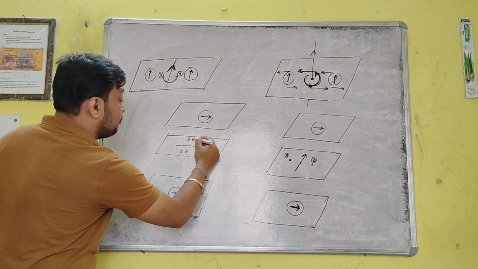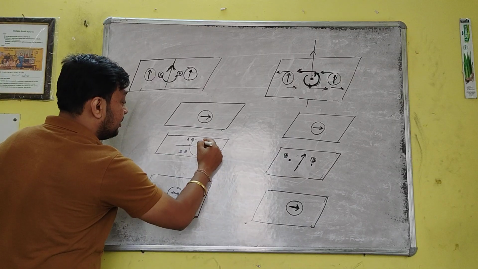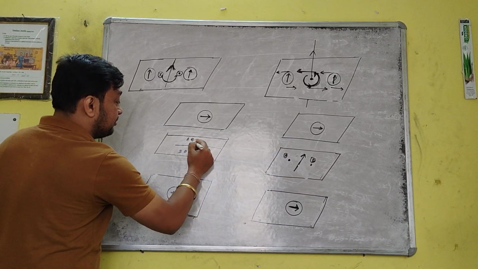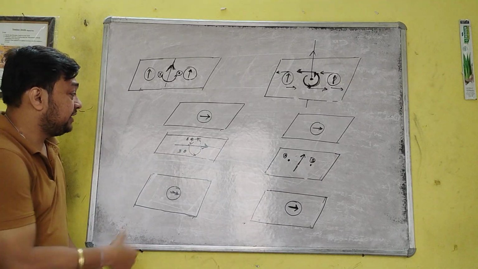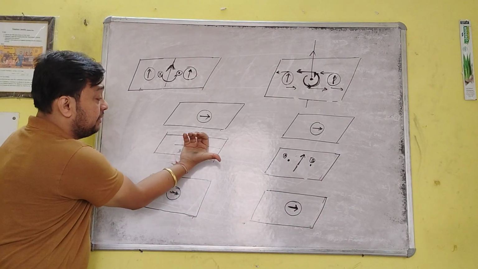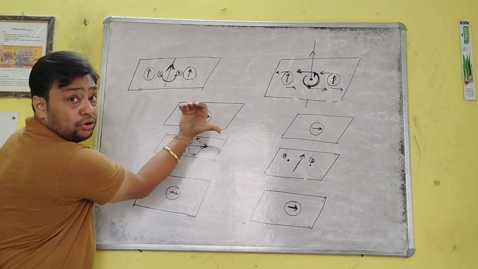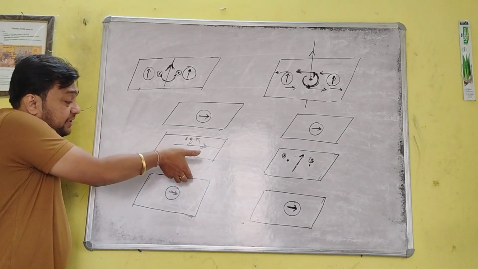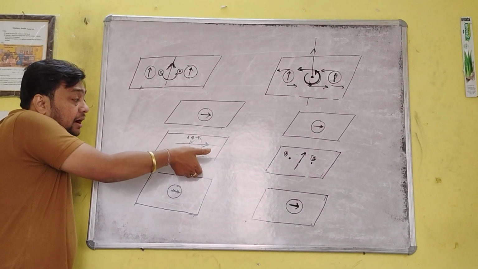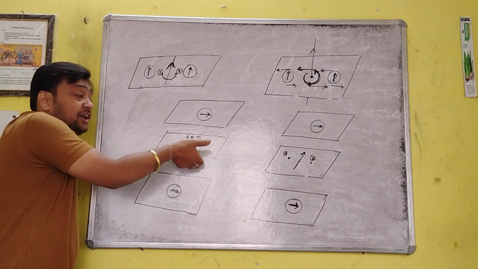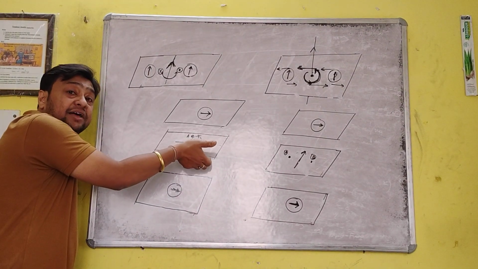It will be actually going like this. You can see my fingers. My fingers are coming out of the board, and here my fingers are going inside the board. Isn't it? And the thumb is fixed in the direction of the current.